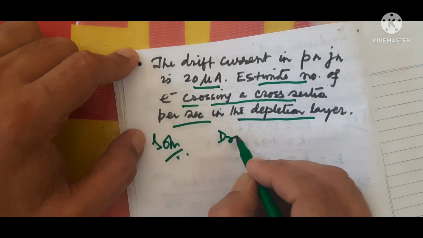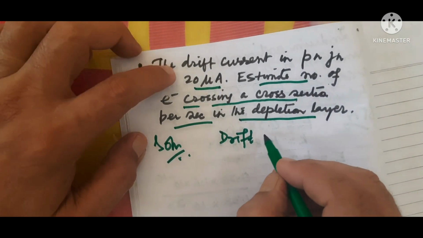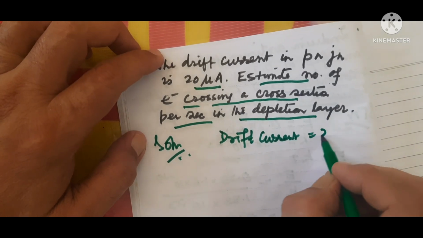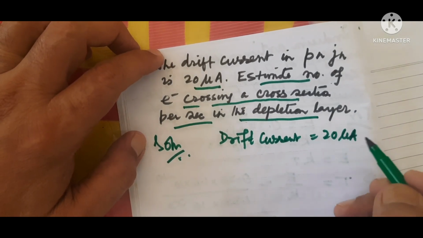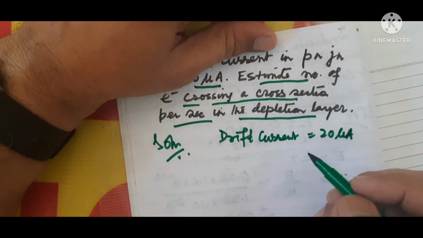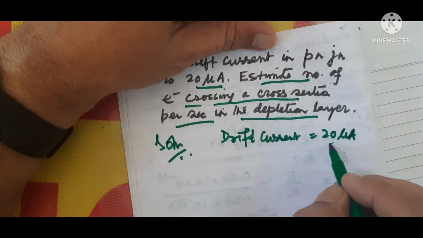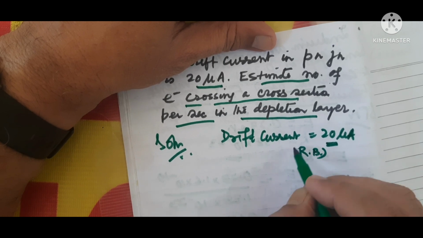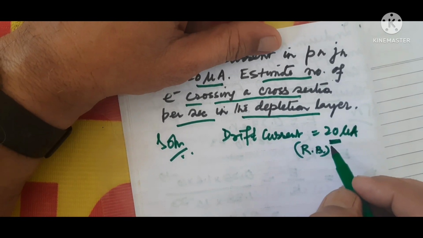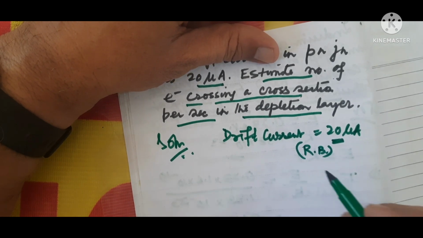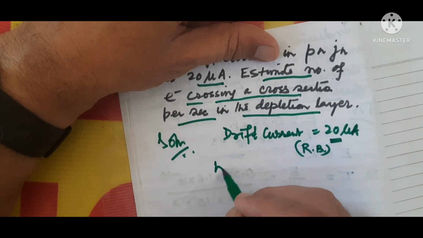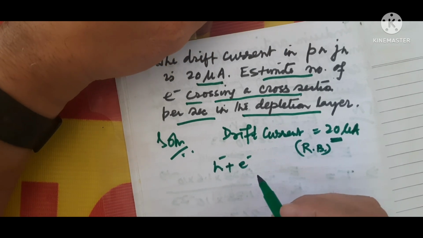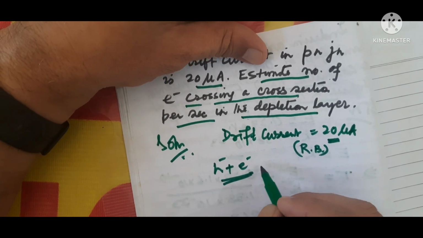The drift current is given as 20 microampere. That means, when the microampere order is there, it is in reverse biasing. And here both holes and electrons are moving in the semiconductor p-n junction diode.